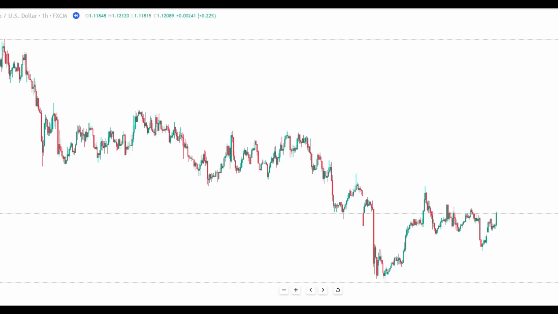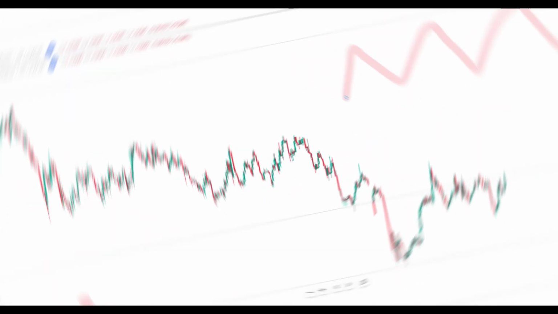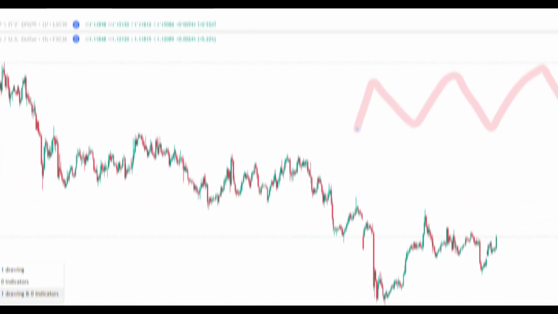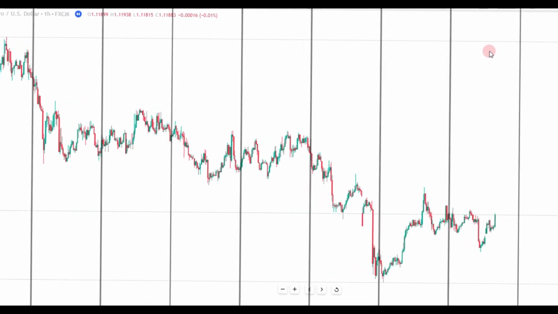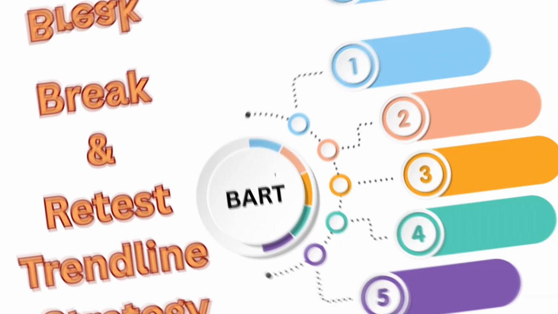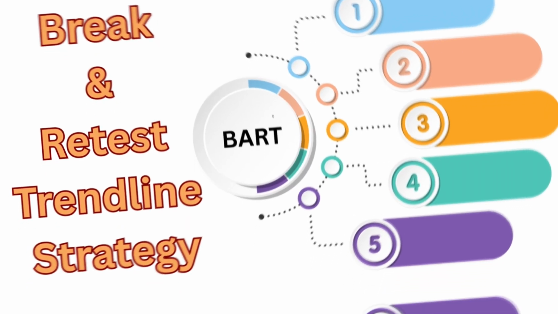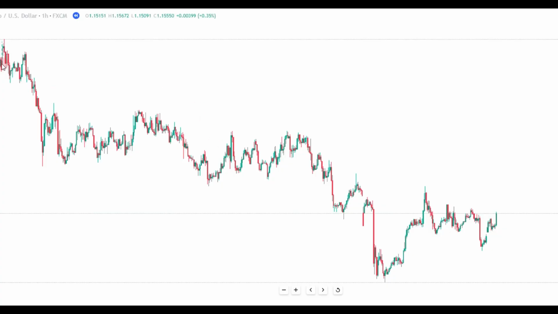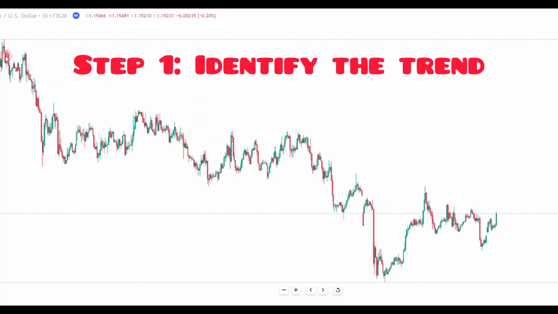And when I say ranging, I literally mean a market that's moving sideways like this. We cannot get moves in a ranging or consolidating market, right? So make sure you are paying attention to the trend. This is literally a 5-step strategy. So step number 1, we ideally want to identify the trend.